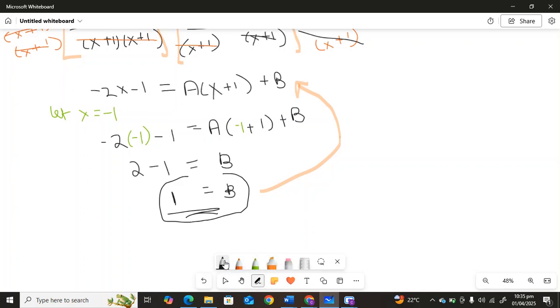So it's going to be here, we're going to say -2x minus 1 equals a, ax plus 1 plus b. Okay, so we already have our value, b equals 1.